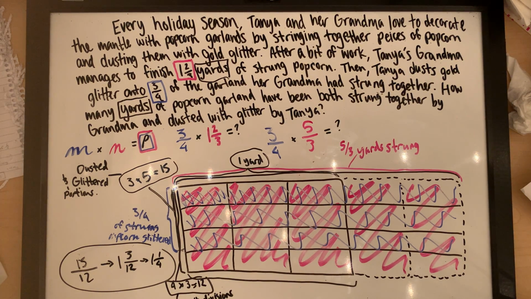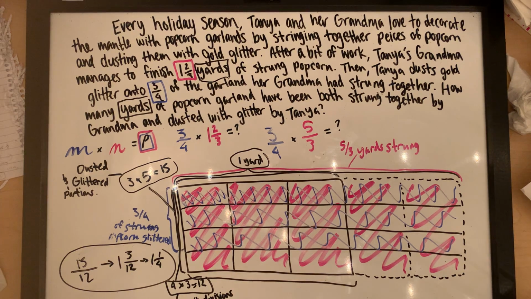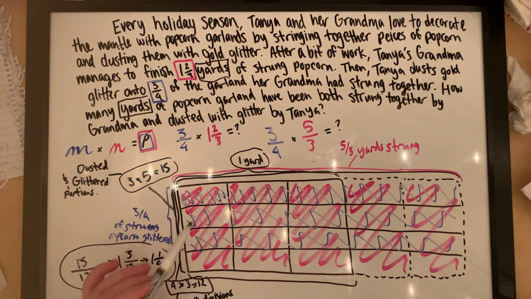Okay. So now that I've explained that, I can move on. So I mentioned that there's also a different way to look at this problem. Instead of solving it this way with our improper fraction and moving to 1 and 1/4 by reducing our fraction, we can also look at it in terms of just how many yards have been both shaded blue and shaded pink.